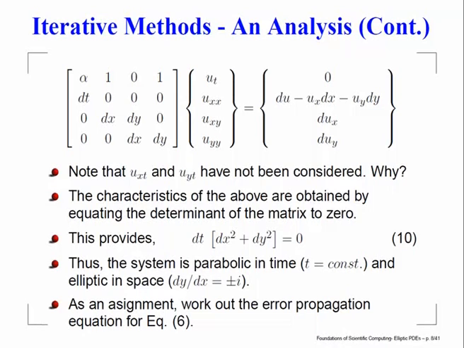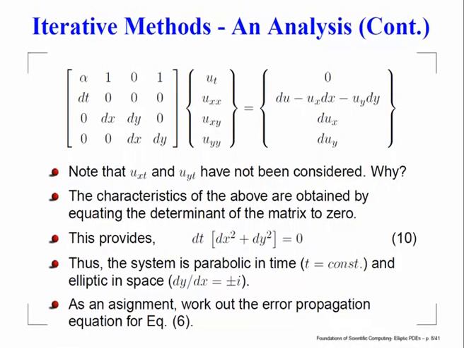These auxiliary equations collated with the differential equation gave us the characteristic determinant in equation 10, and you can see one of the characteristics of course is t equal to constant. That tells you that you are basically marching in time. So, that is your parabolic direction, and in the space direction we have seen, let us say dy dx as a pair of these.